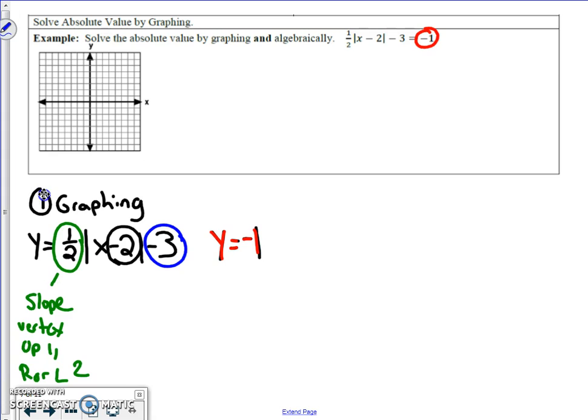My vertex is going to be the opposite of this value and the same of this value, such that I have a vertex of (2, -3). So I'm going to start by finding my vertex at (2, -3).